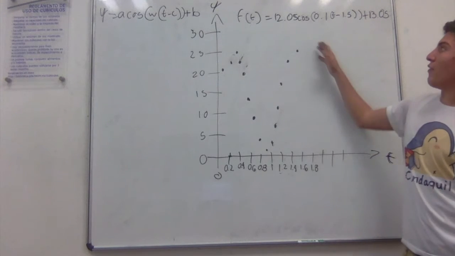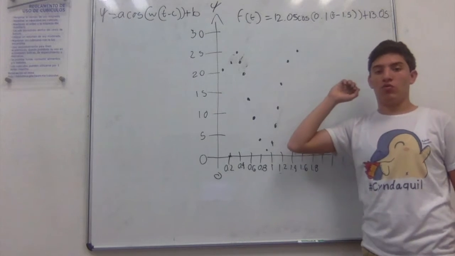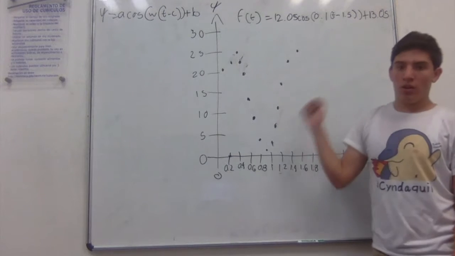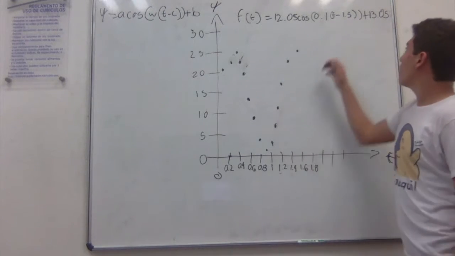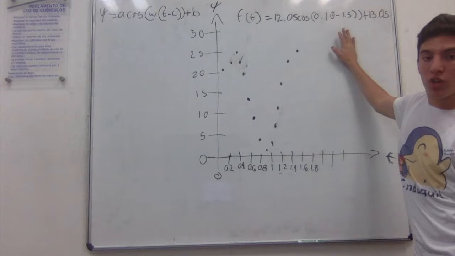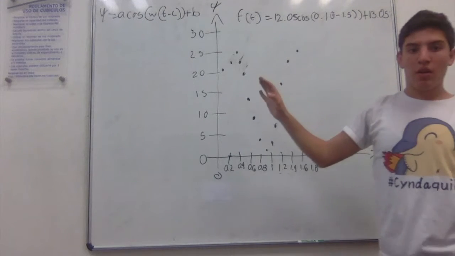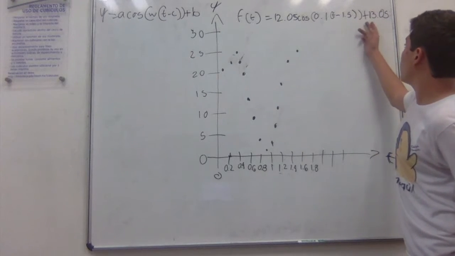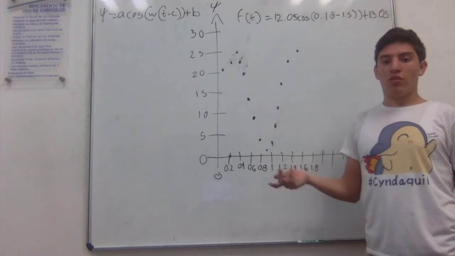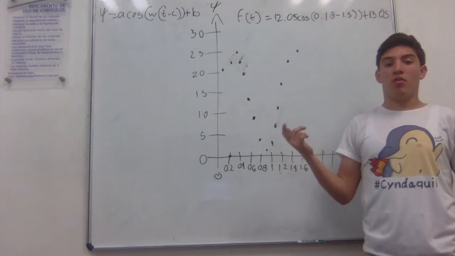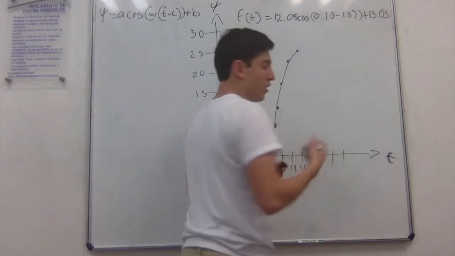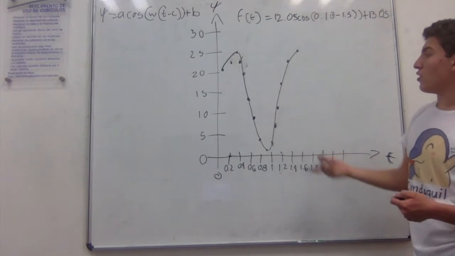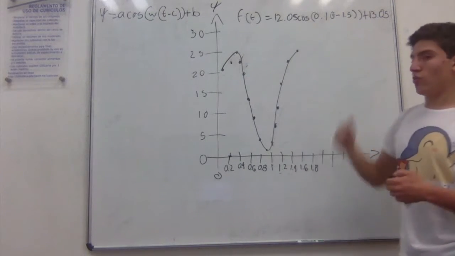This formula has the amplitude of 12.05, the period of 0.1, the vertical shift of 30.05, and the horizontal shift of 1.1. We can use this formula to draw a line that is near the points, and it is this. You can see it's not perfect, but it's the nearest line we get with this formula.